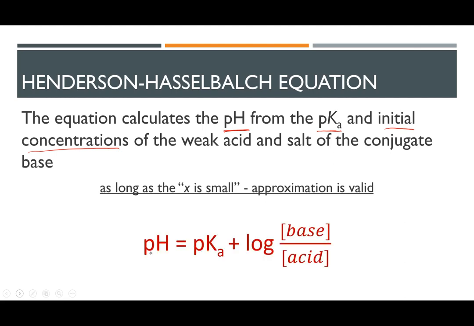So here's our equation: pH equals pKa plus the log of base over acid. The base is that salt, the conjugate base, so its concentration goes on top. And the weak acid's concentration goes on the bottom.